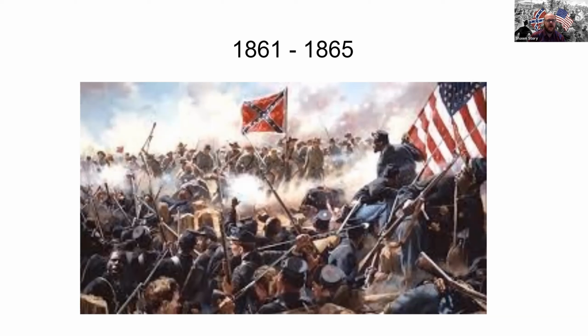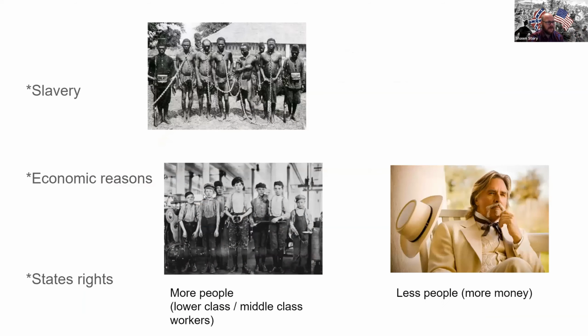Family members were divided. Some families were supporting the Confederates, some families were supporting the Union, and they were fighting each other. And everyone was Americans. They were all part of this one country, killing and fighting each other. So after that 4 years, when you look at the death toll, everyone who died was part of the same country. So it was very devastating at this time period.